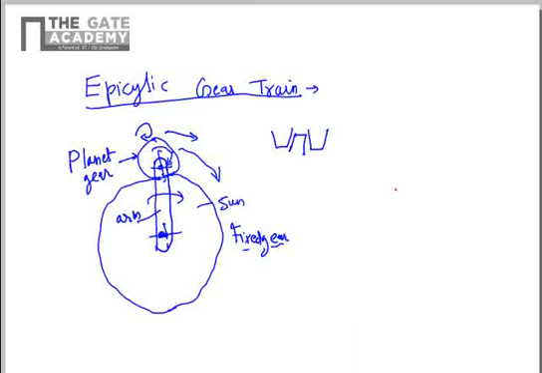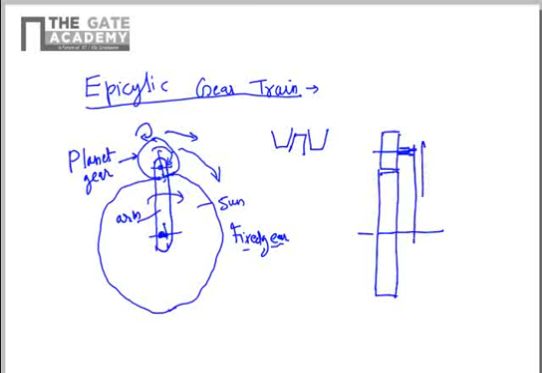If you see the side view of this gear train, it will look something like this. This will be the planet gear, and then you have the sun gear here. This is the axis of the sun gear, this is the planet gear, and the planet gear axis will be joined by an arm with the axis of the sun gear.